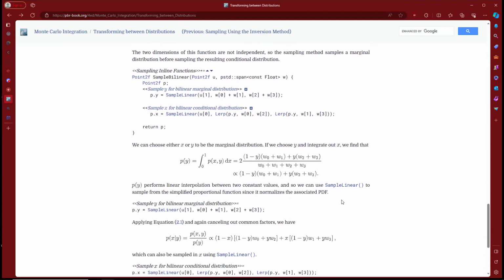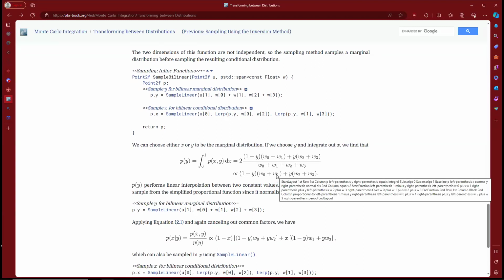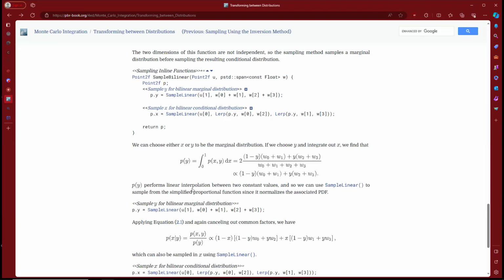We choose either x or y to be the marginal distribution. If we choose y and integrate out the x, we find that p of y is the integral from 0 to 1 of p of x dx. So we get that. So p of y performs linear interpolation between two constant values. We use sample linear to sample from the simplified proportional function since it normalizes the associated PDF.